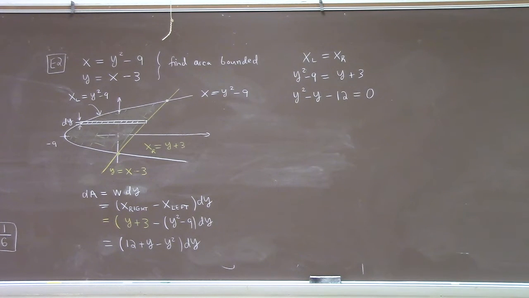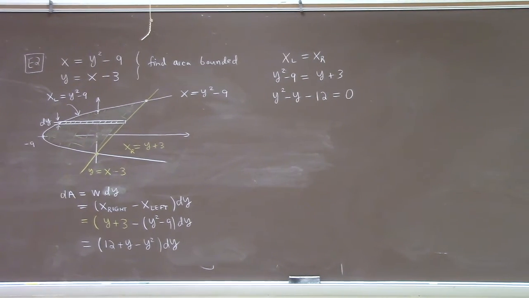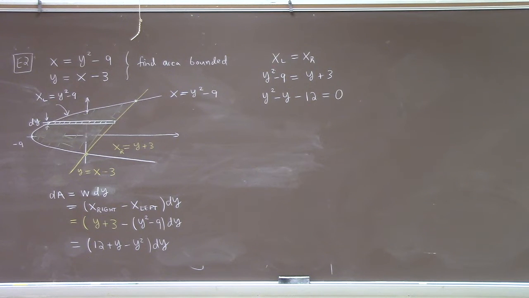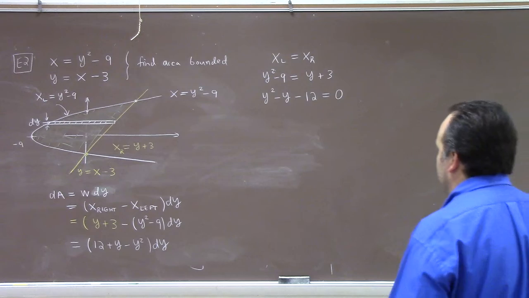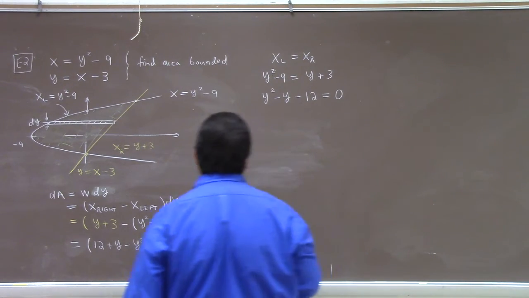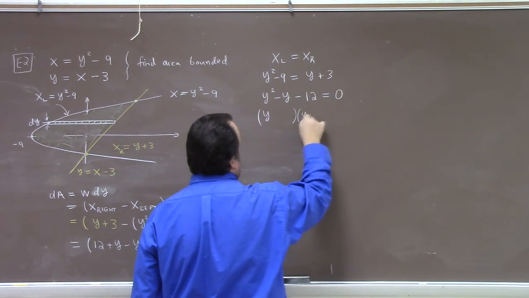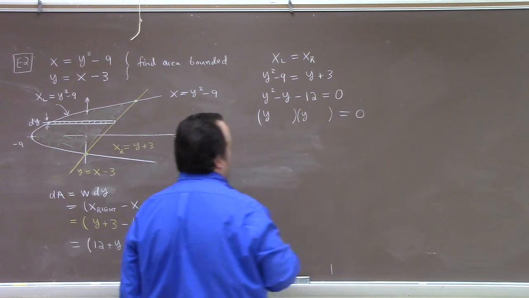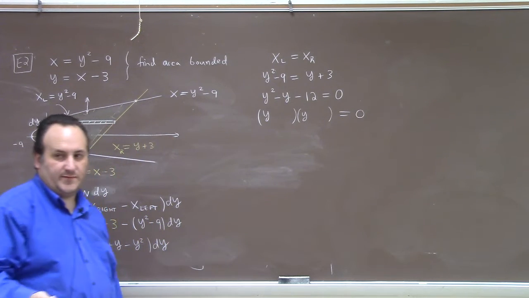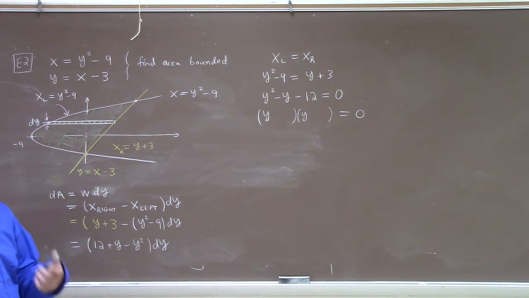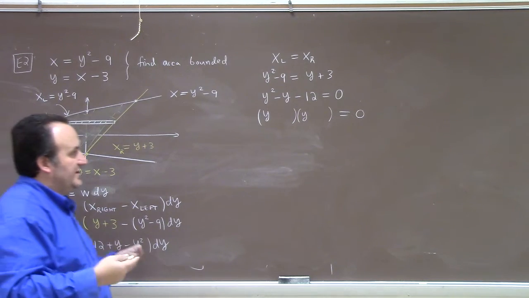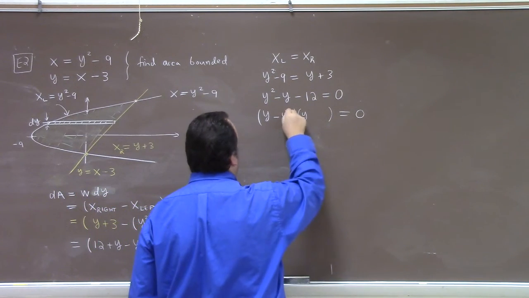Can you solve that? Let's see here. I think that might actually factor, because 12 is 3 times 4, but we need a minus 12. So we need one of the 3 or the 4 to be minus, but the minus wins. So we do minus 4 plus 3.